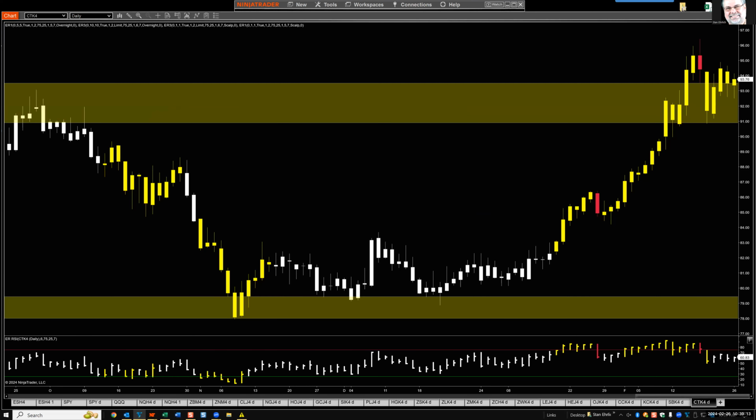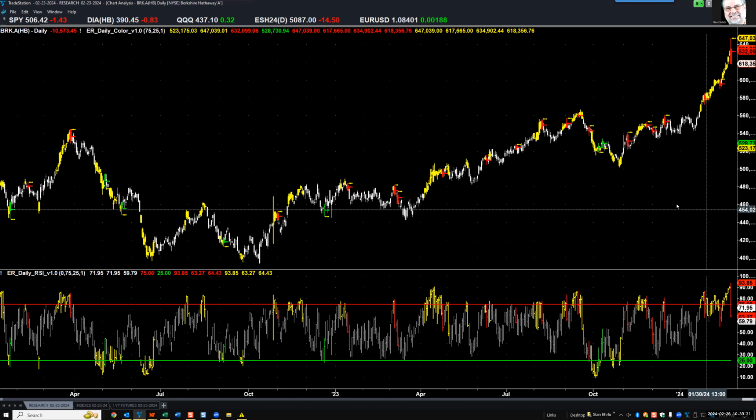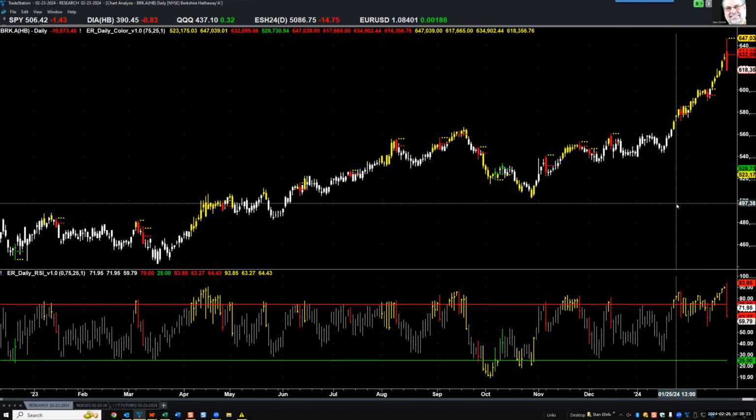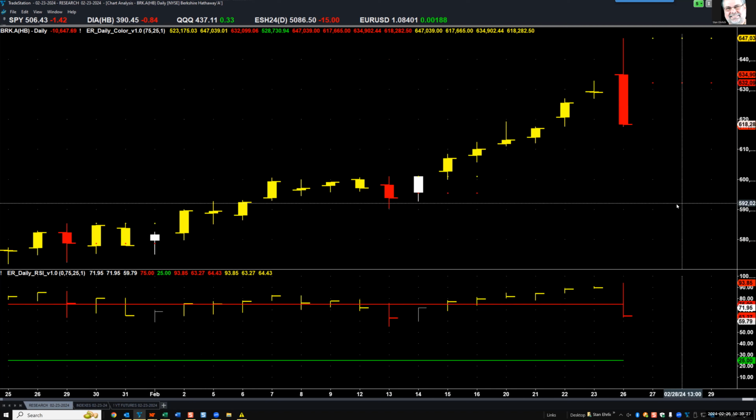Now, Berkshire Hathaway, I need to do this in TradeStation. We are having today a whopping, huge bearish engulfing in Berkshire Hathaway, the most expensive stock, period.